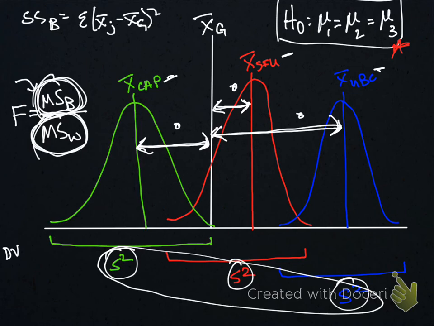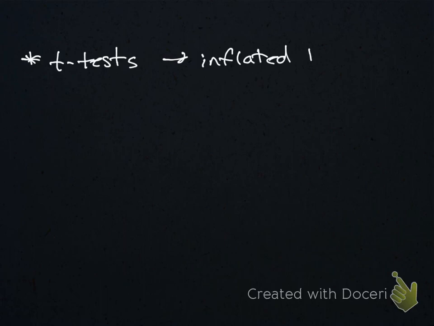Anyways, so that's the end of this review. I guess to recap, I'll just make a couple quick notes here. One is that t-tests, if we run multiple t-tests, lead to inflated type 1 error, which we call family-wise error.